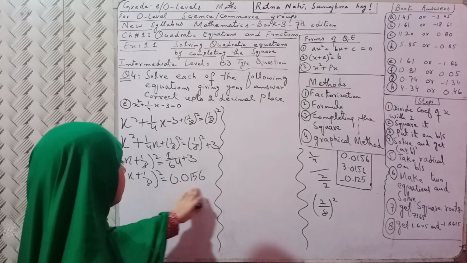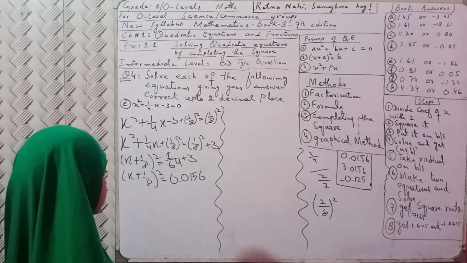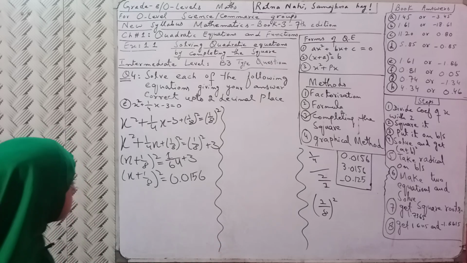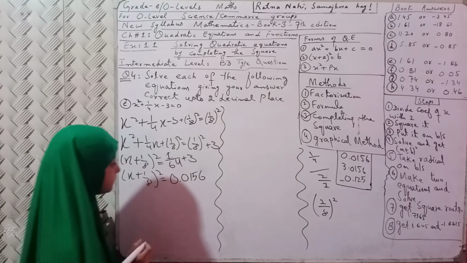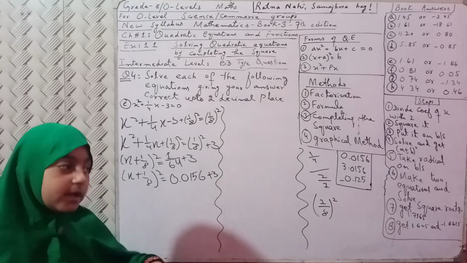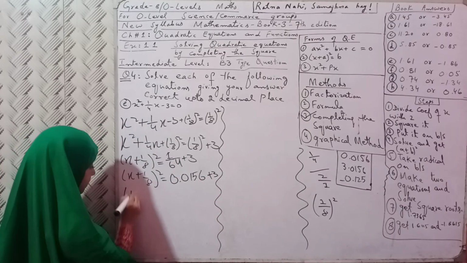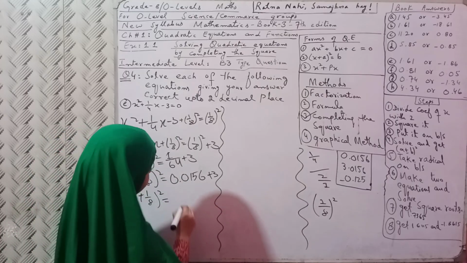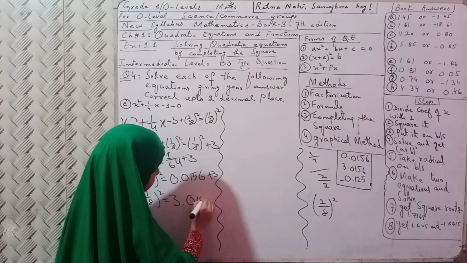Now here we will add this plus 3. Answer will come x plus 1/8 square is equal to 3.0156.